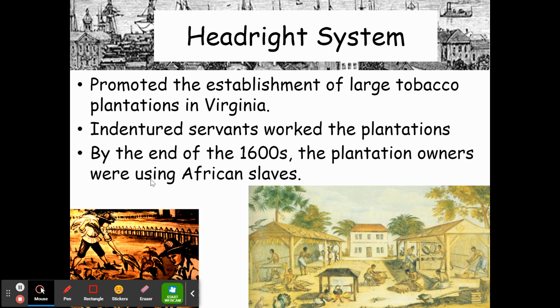By the end of the 1600s, the plantation owners, though, had begun switching to utilizing African slaves. The reason for this is because normally an indentured servant served for a term. So it was like, hey, I'll sign a contract and be your slave for the next, say, 7 years. But then after that, I'm free, right? That's indentured servitude. They're indentured for a certain amount of time.